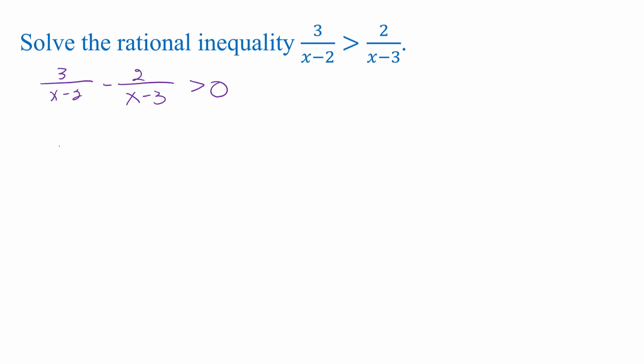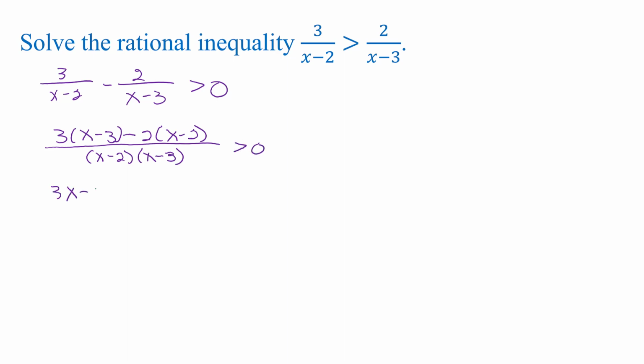Then we want one fraction on the left side. So let's get a common denominator, x minus 2 times x minus 3. To put 3 over that common denominator, I will need to multiply by x minus 3. To put 2 over that common denominator, I will need to multiply 2 by x minus 2. And then we'll simplify.